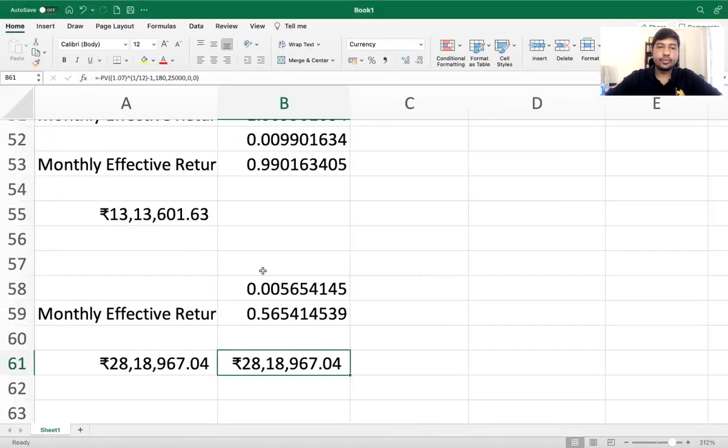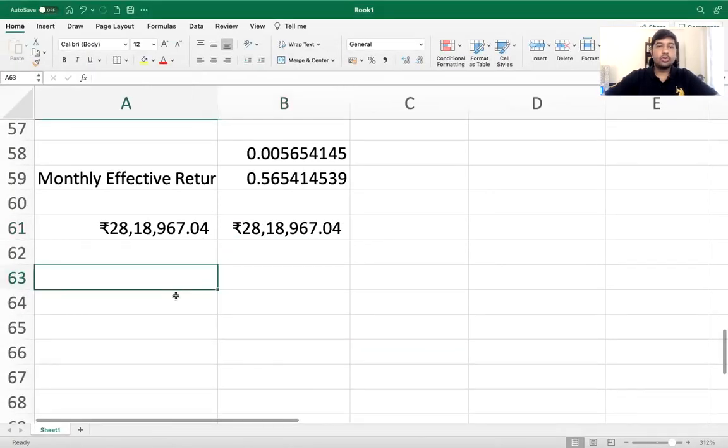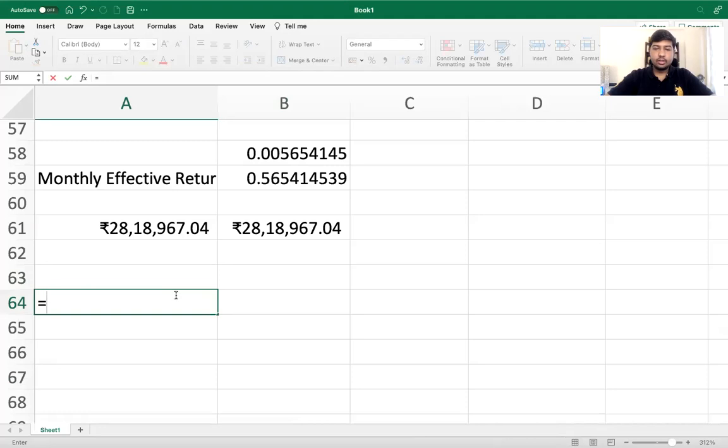Let's see. So I'm going to directly put it over here. PMT. So now you're calculating the PMT, which is when you're calculating the payment. The rate of return is 1.06 raised to 1 divided by 12 minus 1.